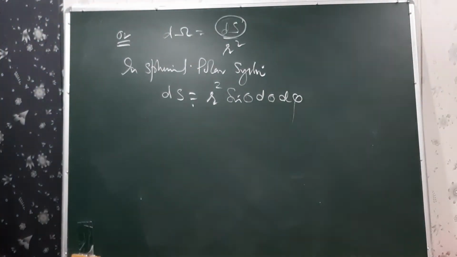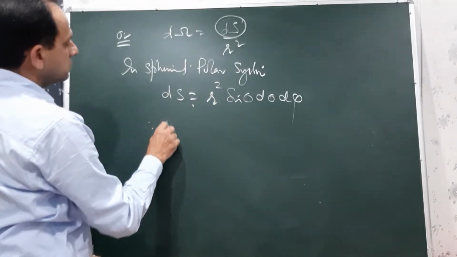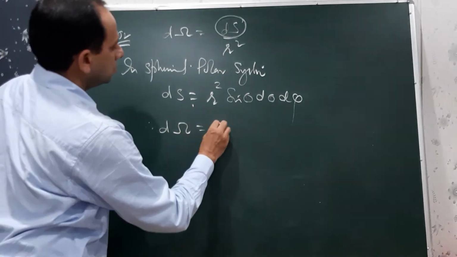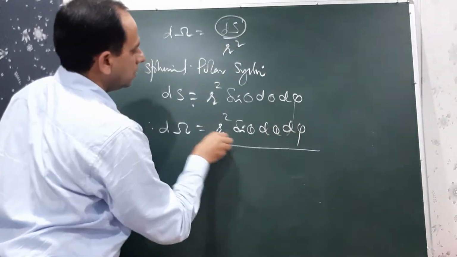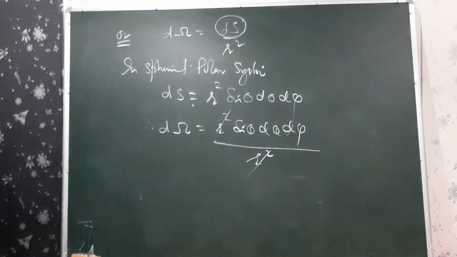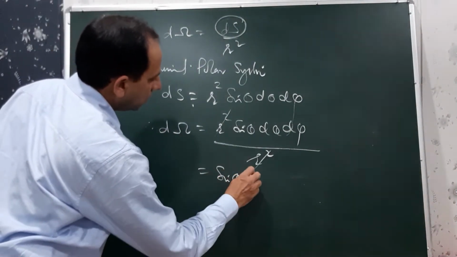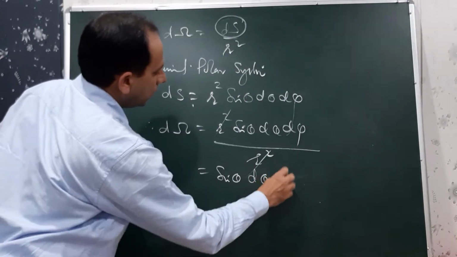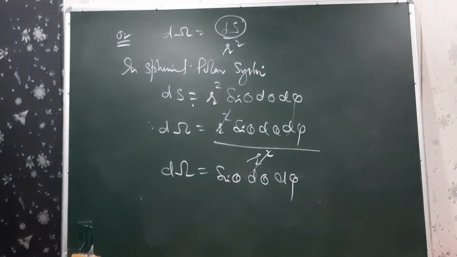This is the area element in the spherical polar system, we have already proved it. So, on putting this value here, we will get d omega is equal to r square sin theta d theta d phi over r square, and r square again cancels out, and the remaining part is sin theta d theta d phi. This is the small solid angle.